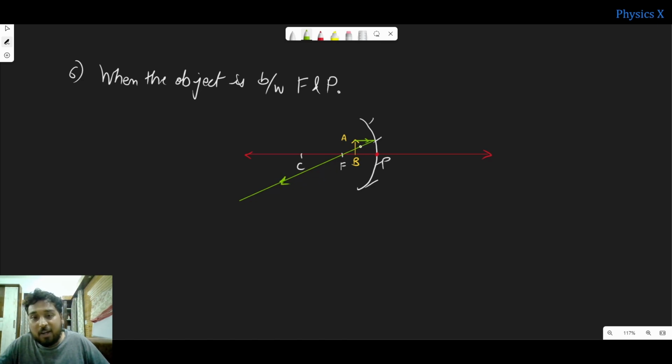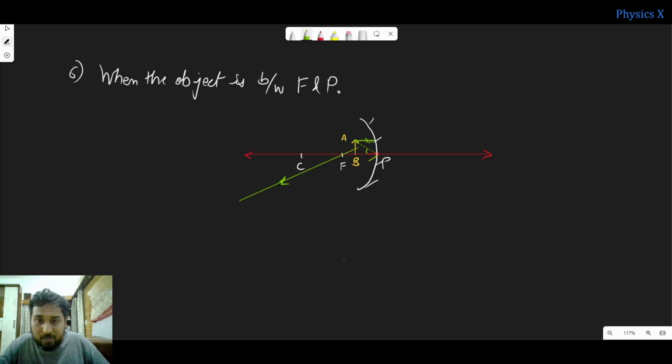And when an incident ray is incident at the pole point, when it strikes the pole, what will happen?